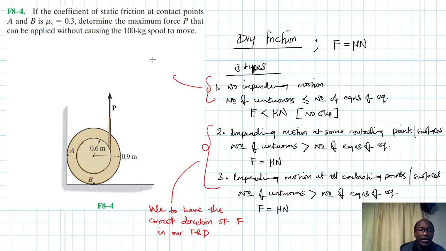Only in the first case are we free to assume the direction of F. Even when you assume the wrong direction, you are going to get a negative to just mean it was supposed to be on the other side. In the second and third, the moment the number of unknowns are more than the available equations of equilibrium, we don't have the luxury to assume. We need the correct direction of F in our free body diagram.